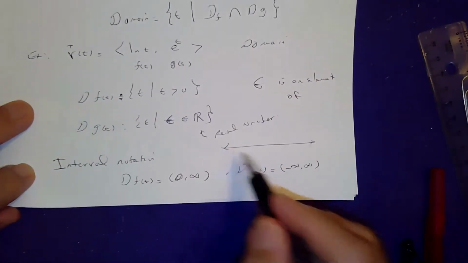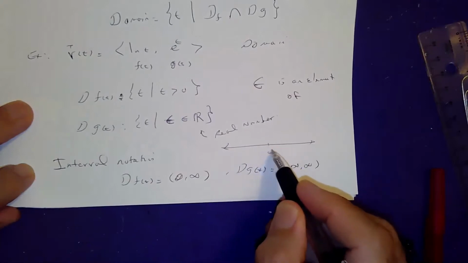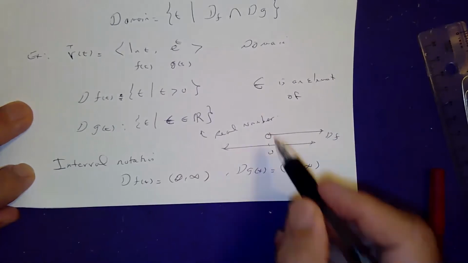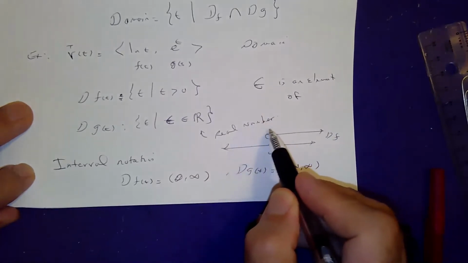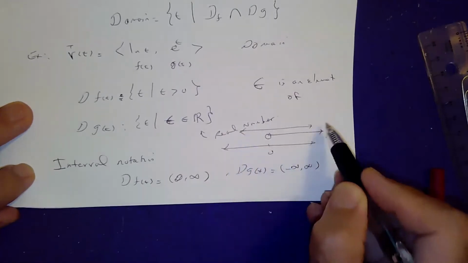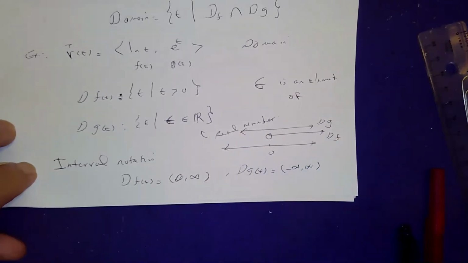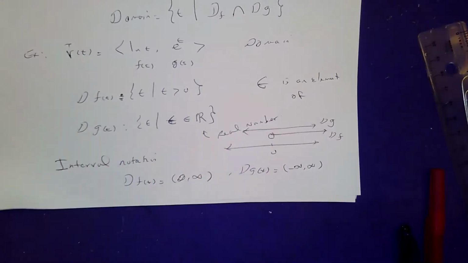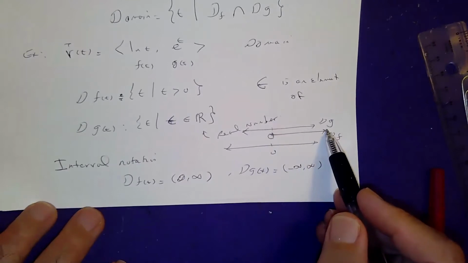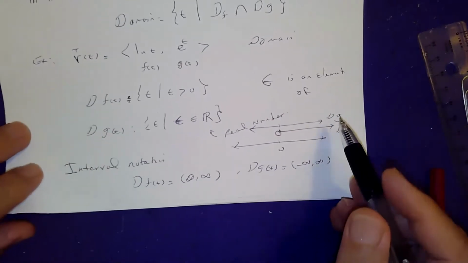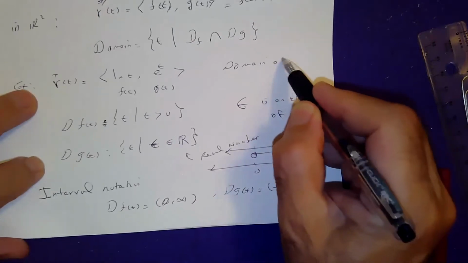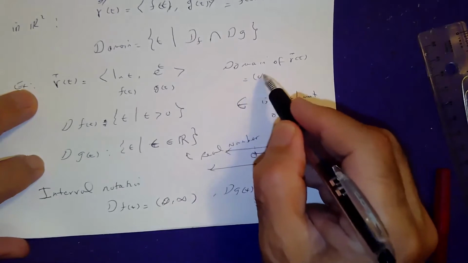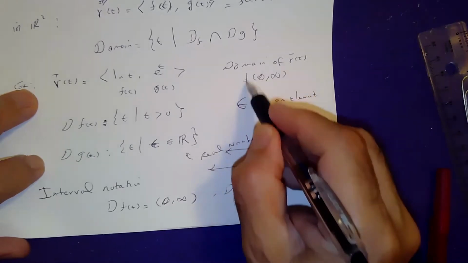Well, graph these on a number line. So 0 to infinity, there it is. This is the domain of f. Negative infinity to infinity, so the arrow goes both ways. This is the domain of g. But where exactly do these guys intersect? It looks like they intersect from here and onwards. So what is the conclusion of this problem? The domain of r of t is just 0 to infinity.